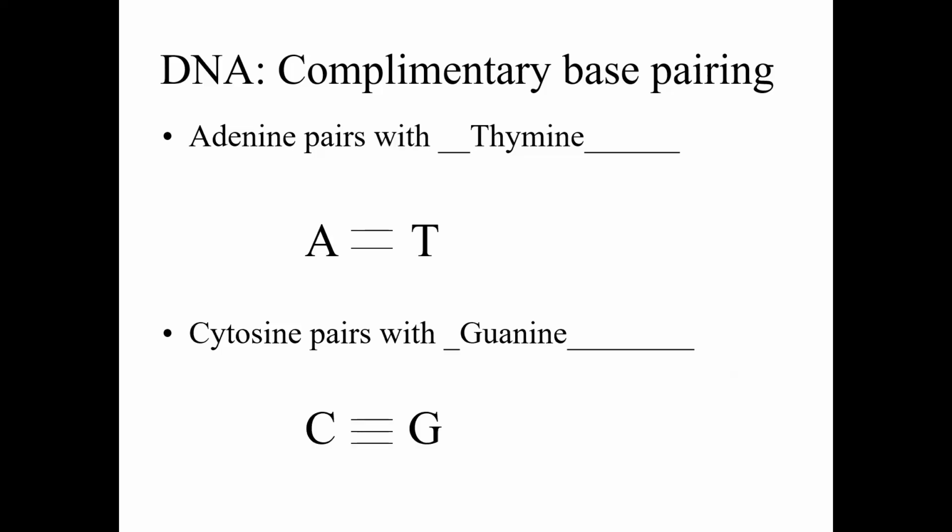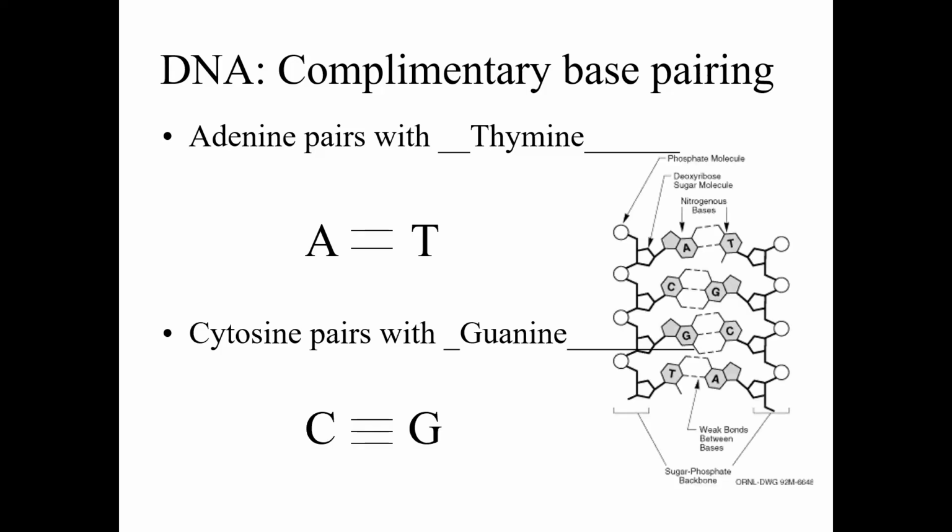So the stronger bonding is seen in the C-G pairing, because it has 3 hydrogen bonds. Structurally, this is how they appear in the DNA molecule.